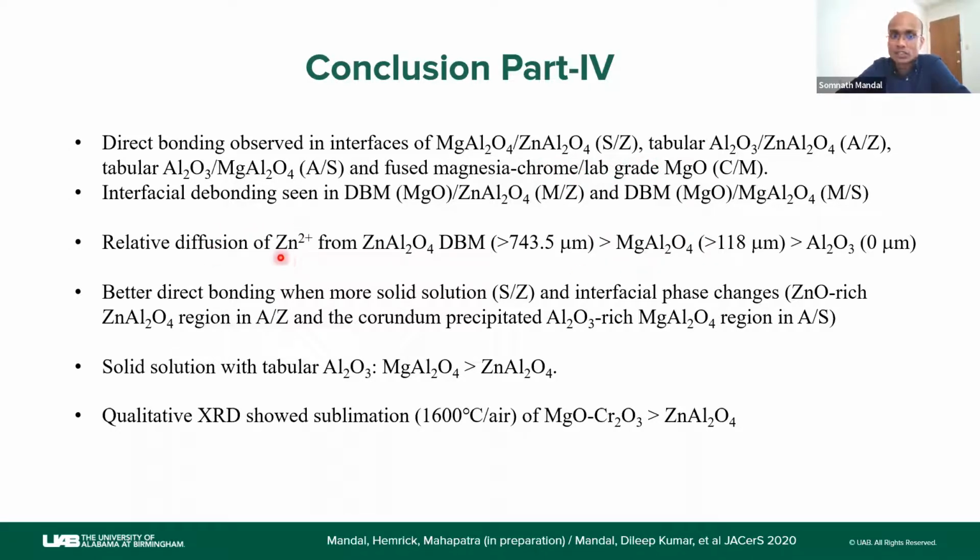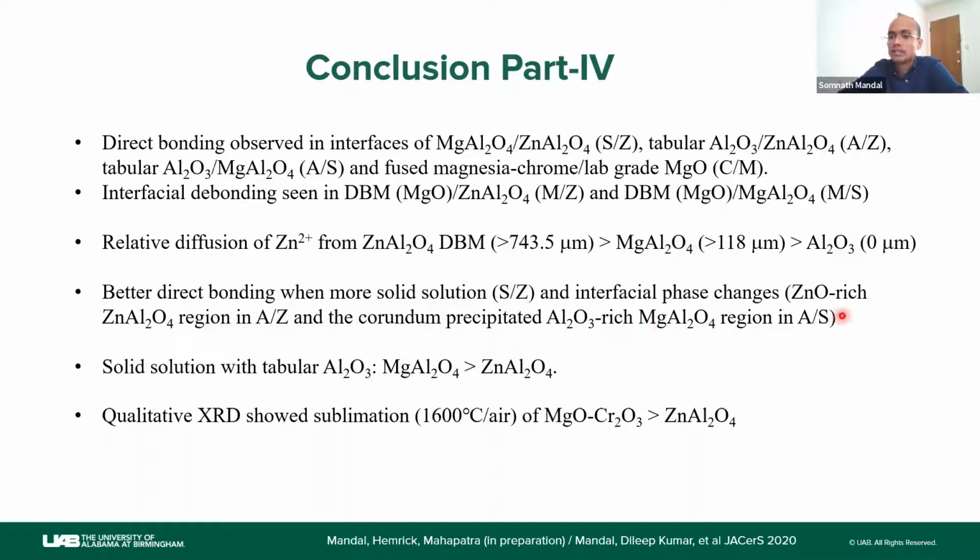So we found that the relative diffusion of zinc from zinc aluminate in DBM was highest, followed by spinel, and then there was none in alumina. But in general, better direct bonding results when there is more solid solution, which was found in spinel and zinc aluminate, and when interfacial phase changes occurred, as was found in the zinc-rich zinc aluminate region in alumina zinc aluminate, and corundum precipitated in the alumina spinel region.